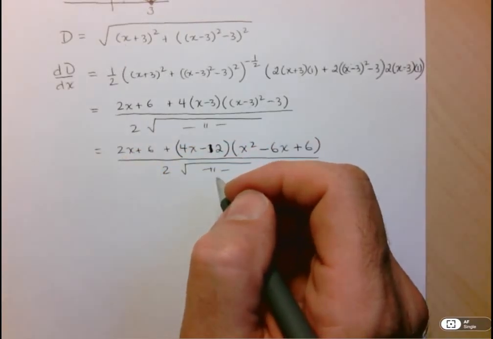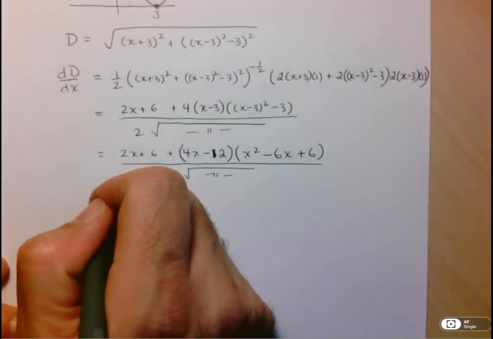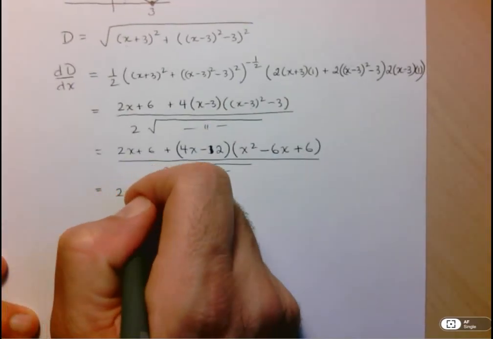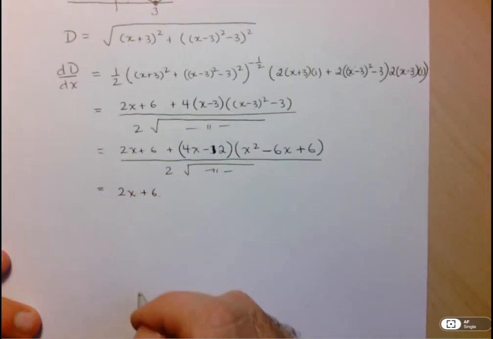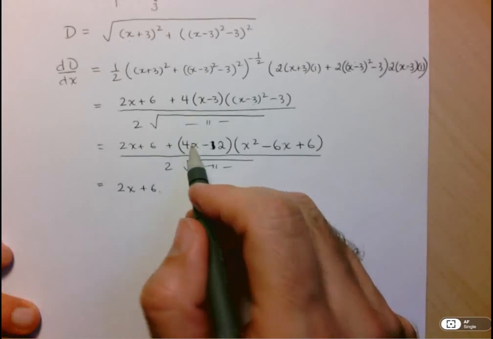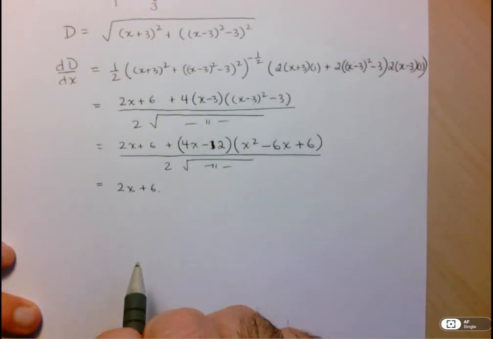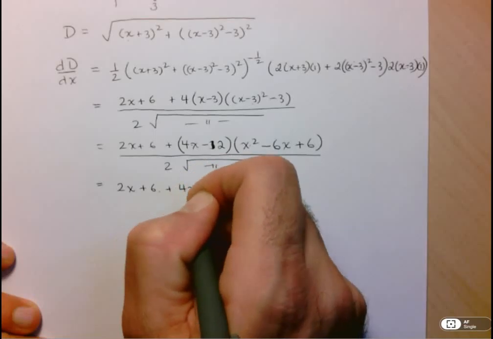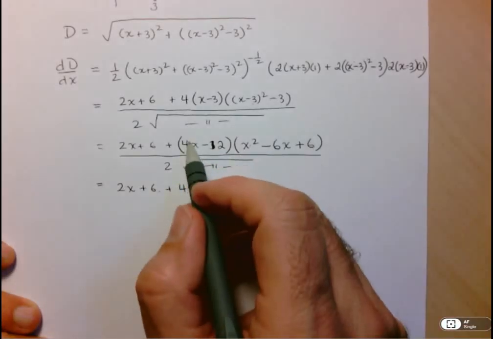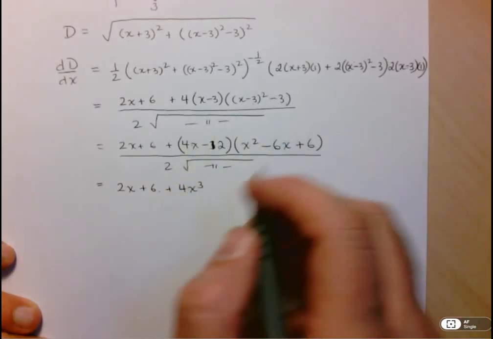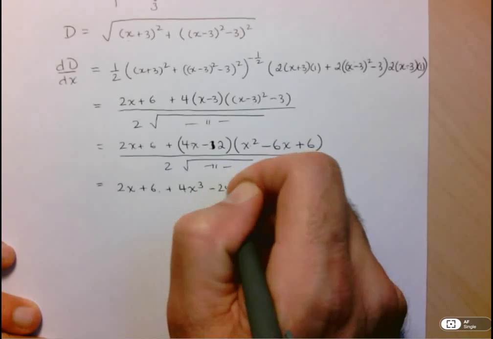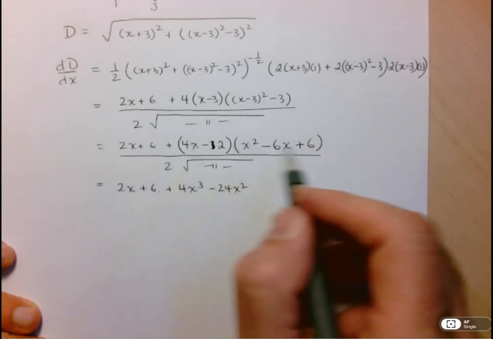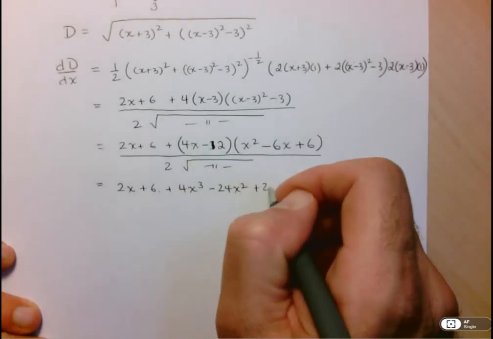So let's keep going now in the numerator. So 2x plus 6, and here what do we have? Well, we have 4x times x cubed, so plus 4x cubed. Then 4 times negative 6x, so that's minus 24x squared. 4x times 6 plus 24x.